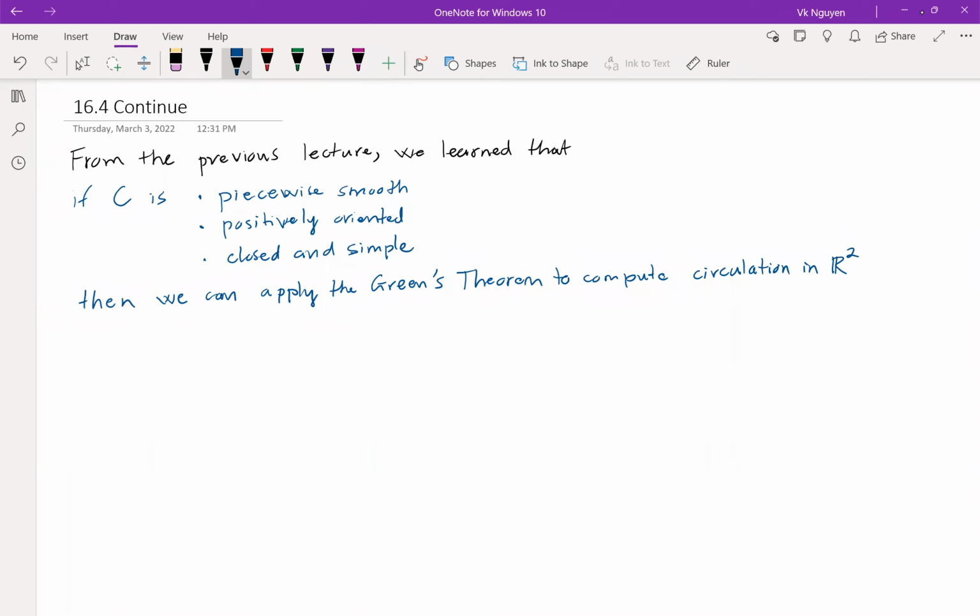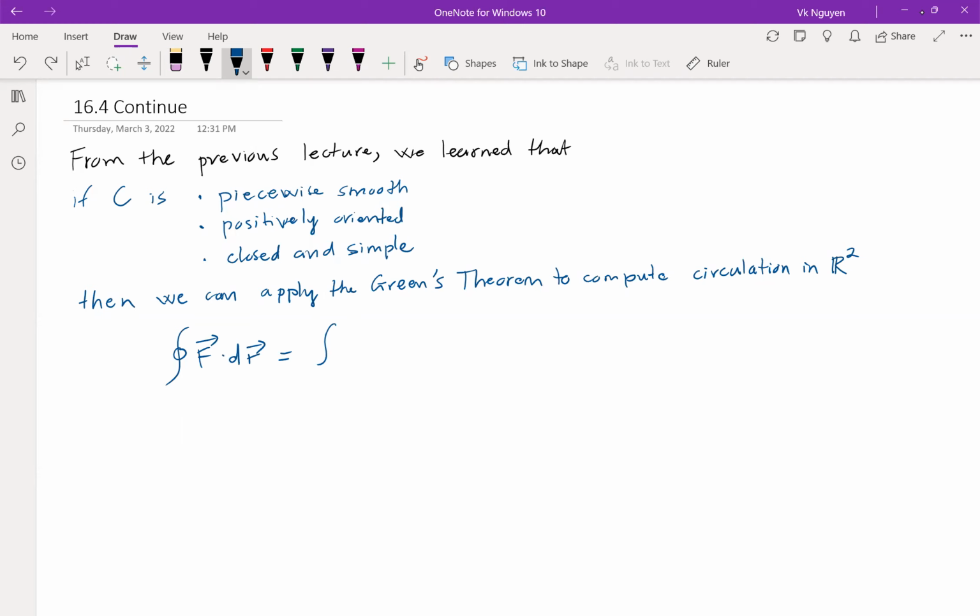Okay, so the Green theorem again is this. F dot dr is the same as that.